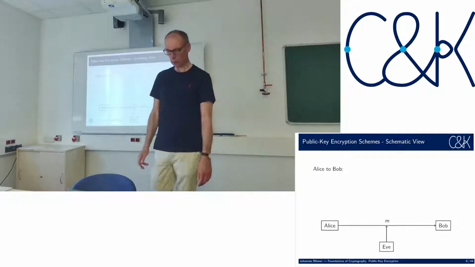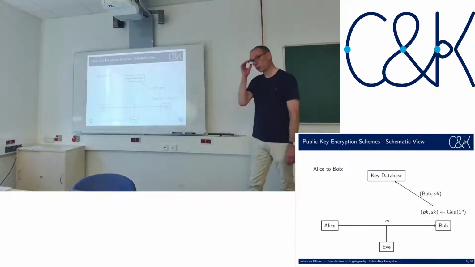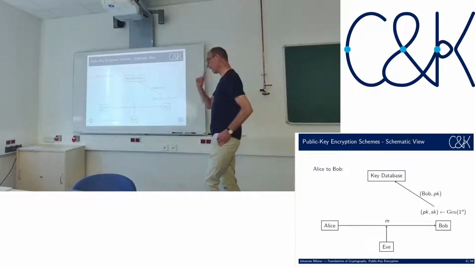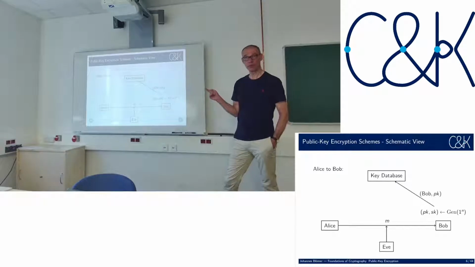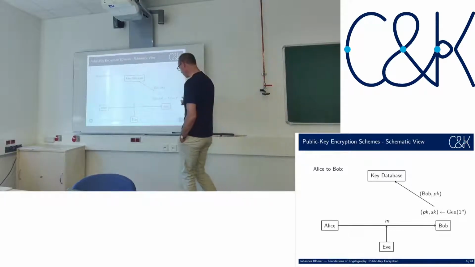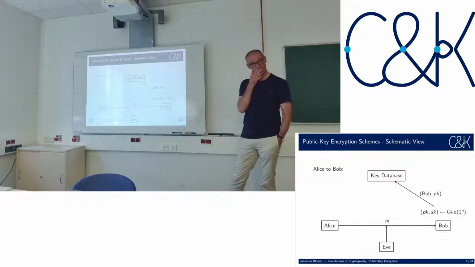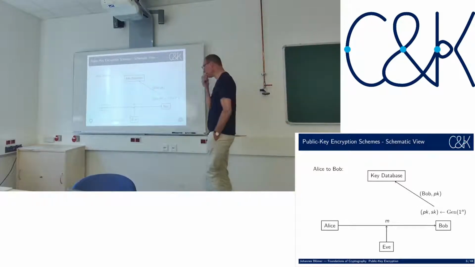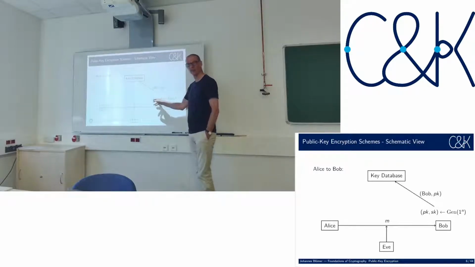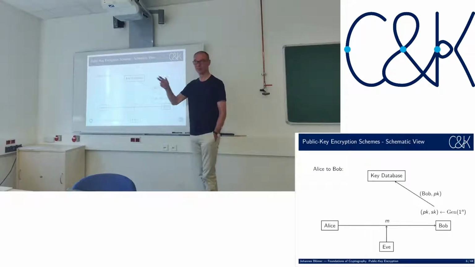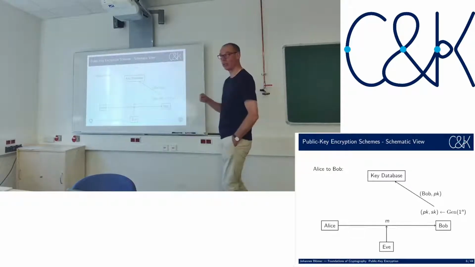Now, how do we use our public key encryption scheme? Again, if Alice wants to send a message to Bob, Bob has to do something first. Namely, Bob uses the key generation algorithm of our public key encryption scheme and generates a public key and a secret key. Don't worry, I sometimes switch these: PK, SK, or SK, PK, it's a little bit random.